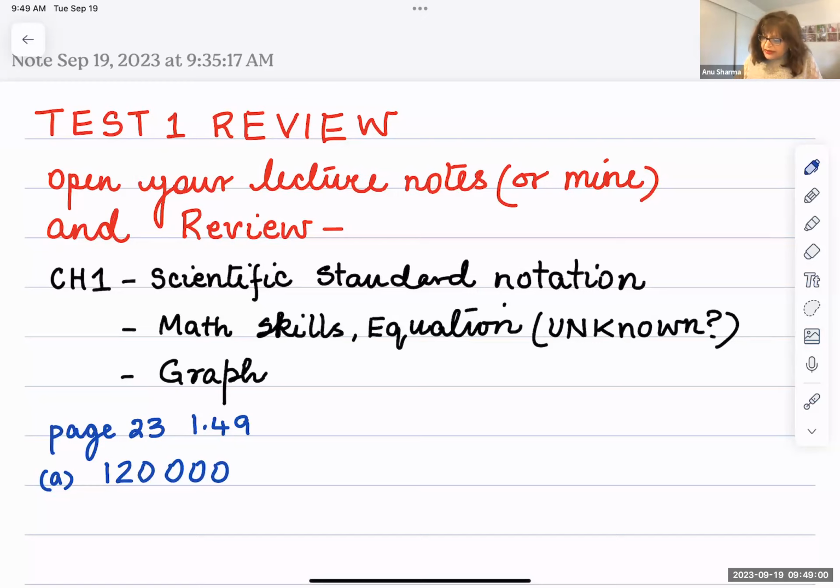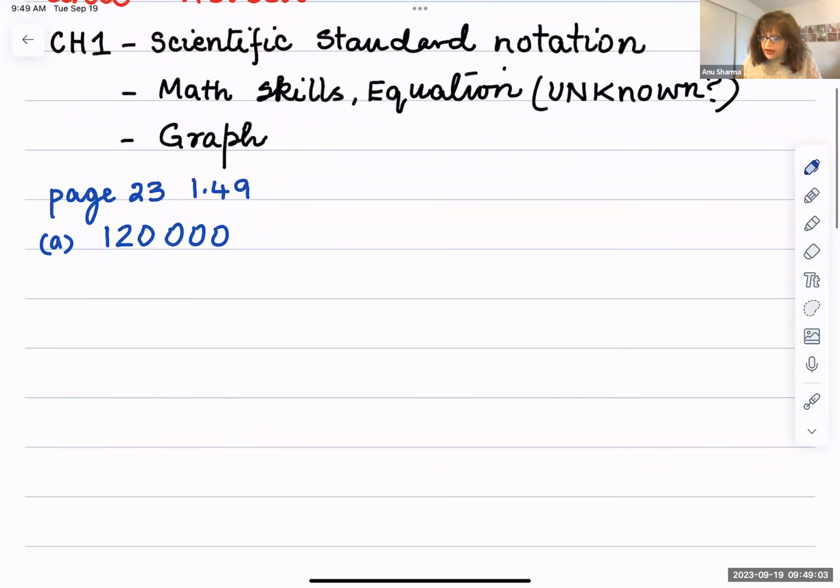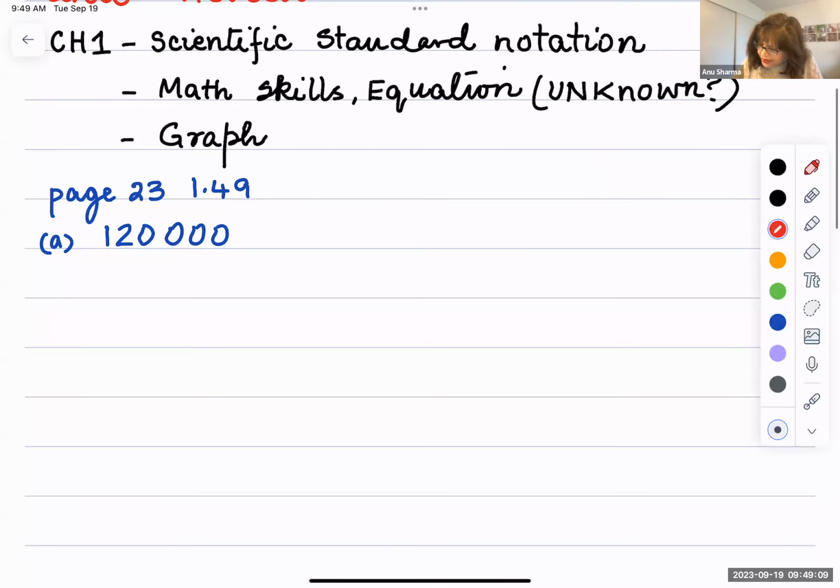Okay, so in this case, what will we do? This is a standard notation, so we know there is a decimal present. The decimal is right here. From standard to scientific notation, move the decimal 1, 2, 3, 4, and 5 places to the left.